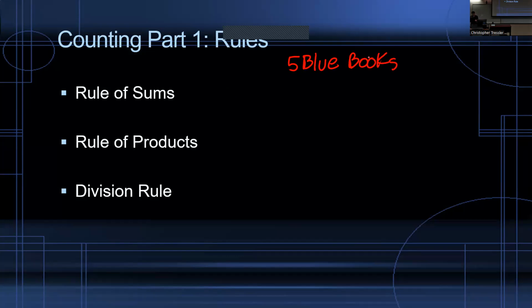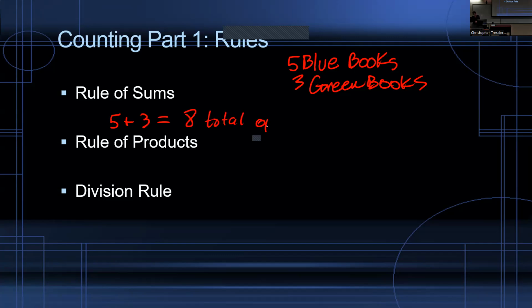And you had 3 green books, right? Okay, so the rule of sums, what that's saying is if we wanted to select one random book from both of these groups, how many different options of books could we have? Well, it's as simple as just saying 5 plus 3 is equal to 8 total options of books. Okay.